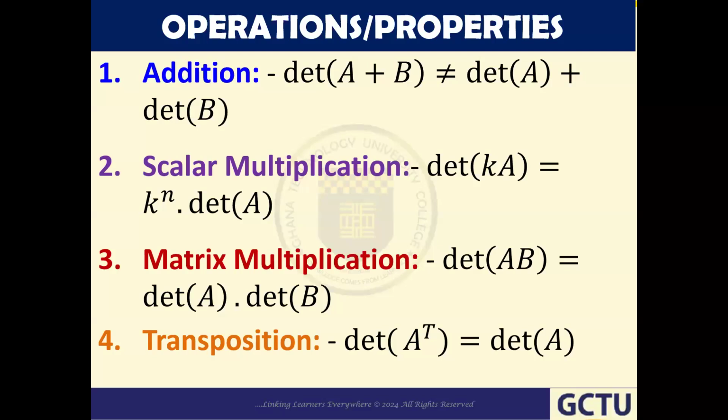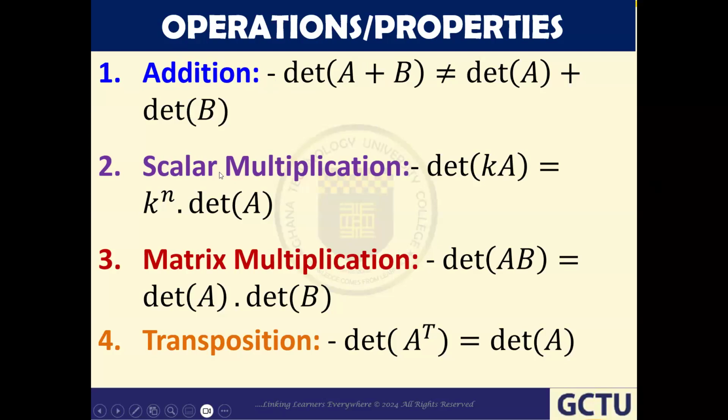There are certain things that are accepted and certain things that are not accepted. The first one, addition: if you are asked to add 2 matrices, A and B, and find their determinant, it's not equal to finding the determinant of the individual matrices and adding. That is the first property.